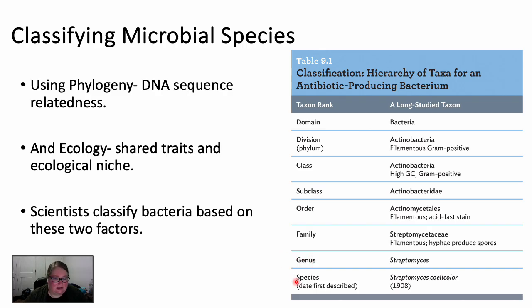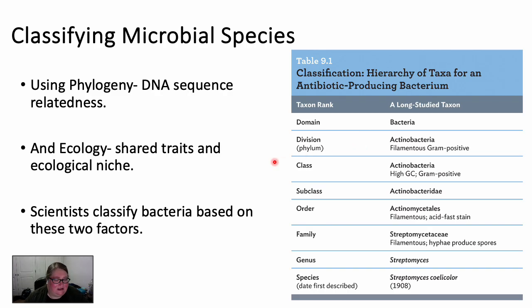So genus and species are that common nomenclature, the common way that we name things in science. Now, I will say we really aren't going to talk about class, subclass, order, family in this class. We're going to stick mostly with domain, phyla, genus, and species. In fact, the next chapter, chapter 10, is all about microbial diversity. We're going to talk all about phyla in that chapter.